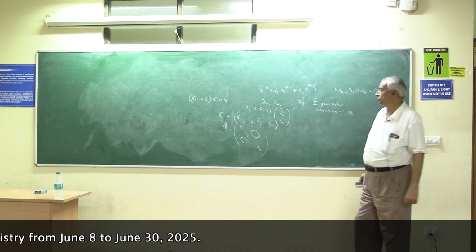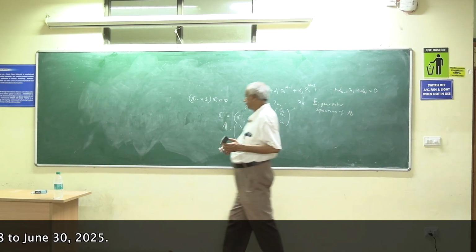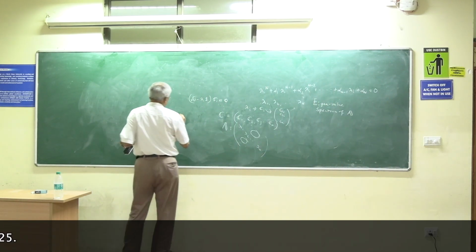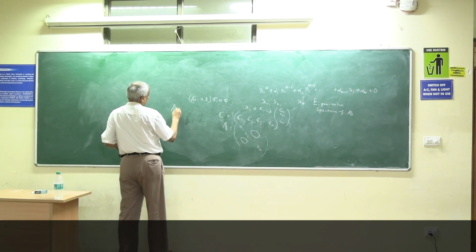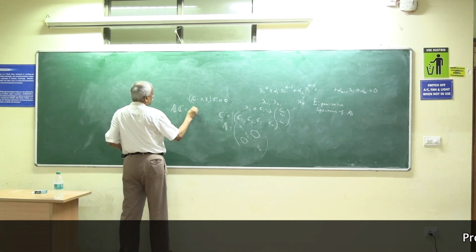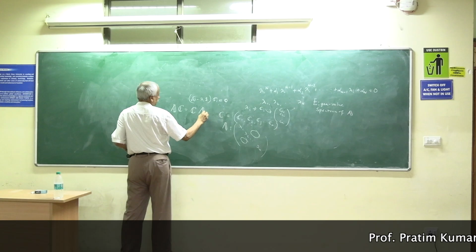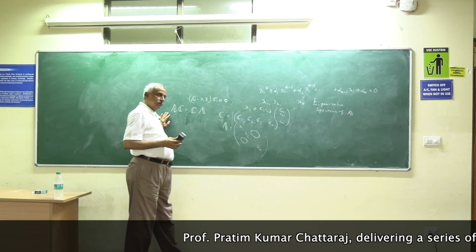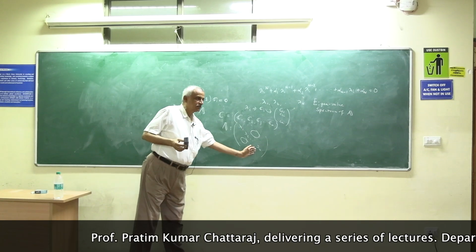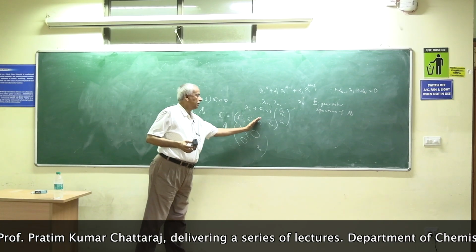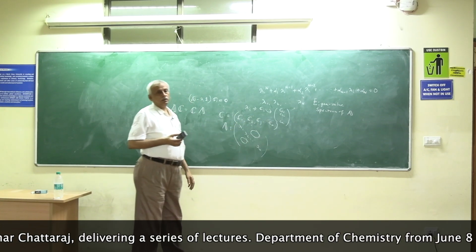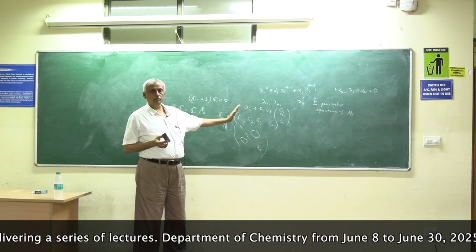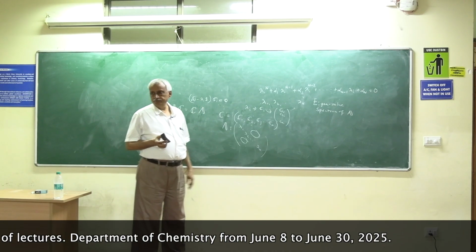Perfect. So what you get here, AC should be your C lambda. So you can see now I am clubbing all of them over here. All possible eigenvalues are coming along this diagonal, and for each eigenvalue the corresponding eigenvectors are given in this form.